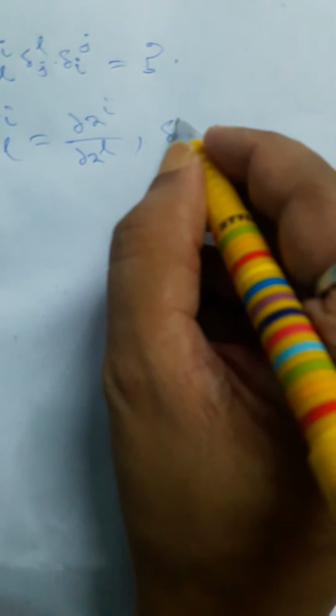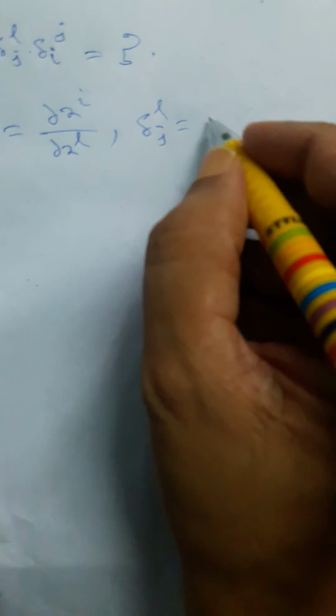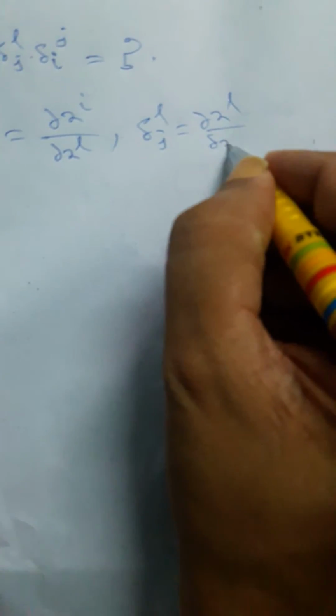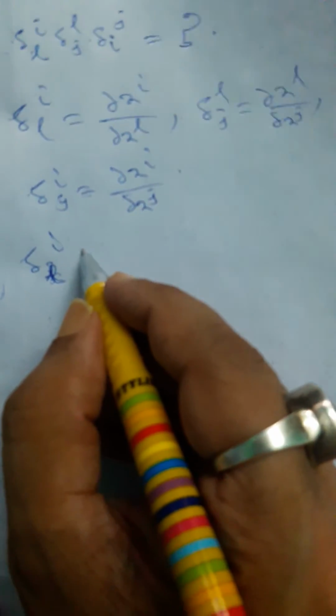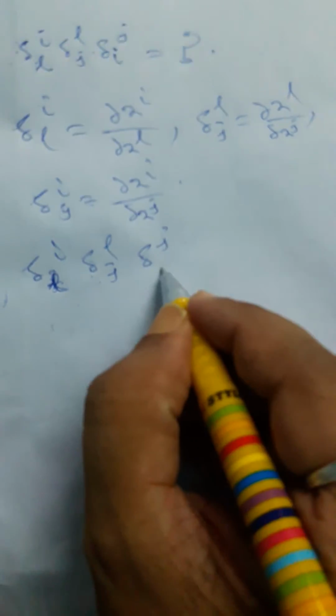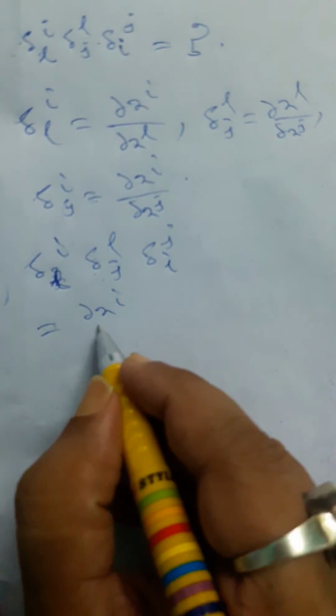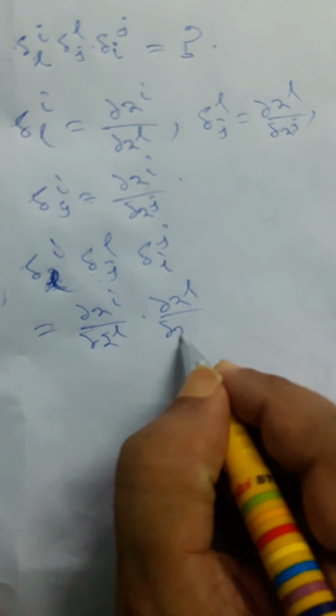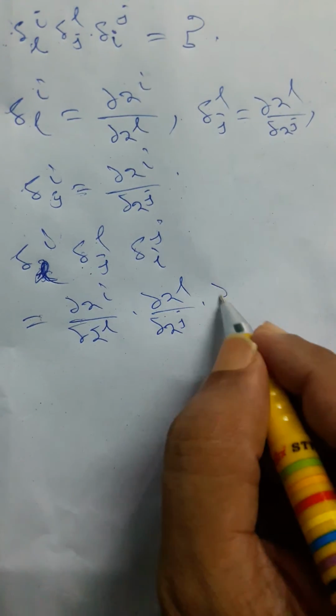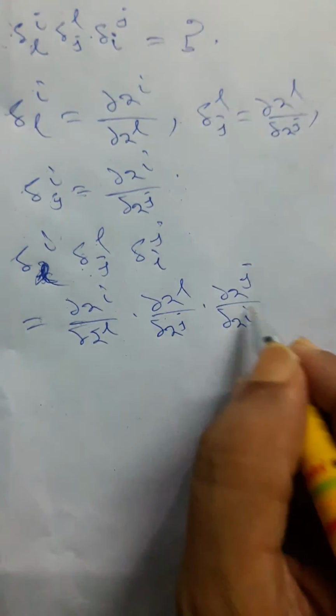Actually delta_il is del x_i / del x_l, delta_lj is del x_l / del x_j, and delta_ij equals del x_i / del x_j. Now if we substitute the values, we get del x_i / del x_l, del x_l / del x_j and del x_j / del x_i.